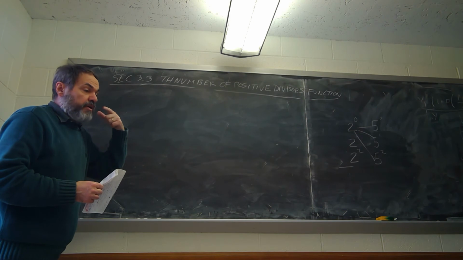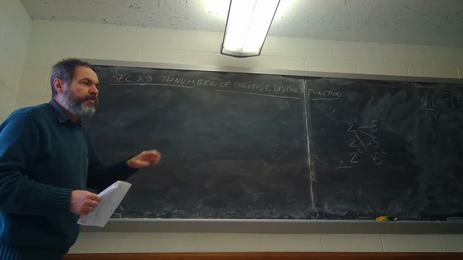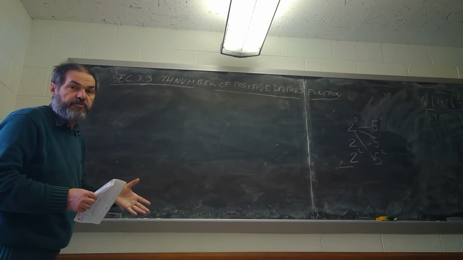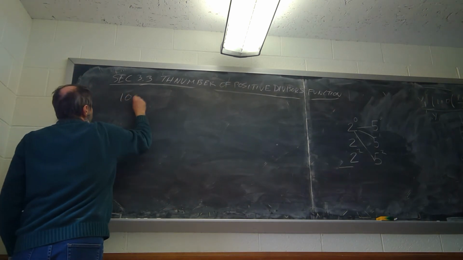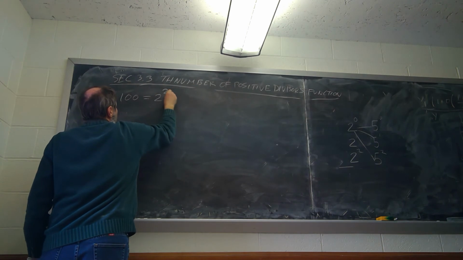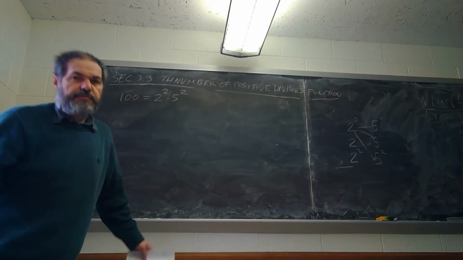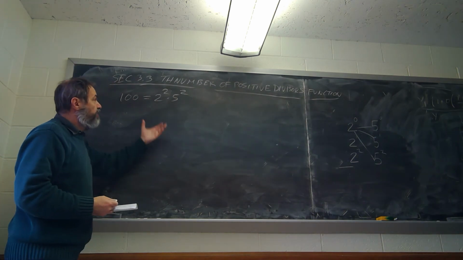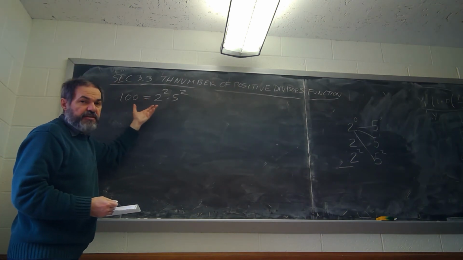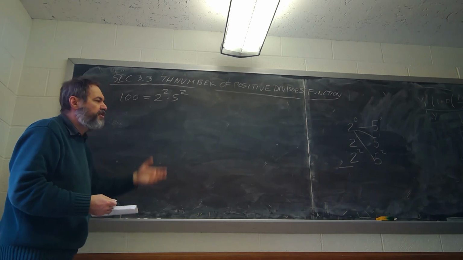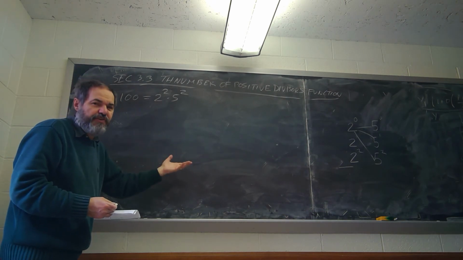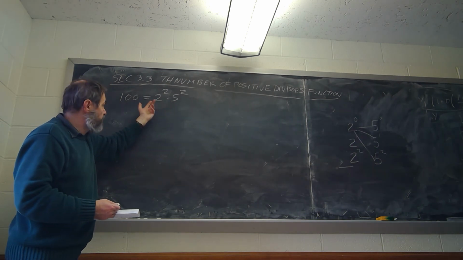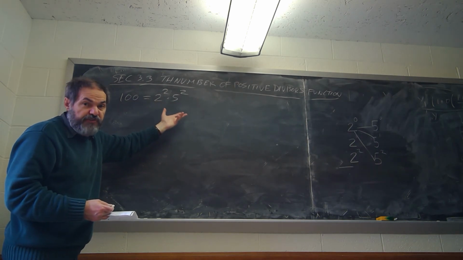So, suppose we do this for 100 first, and then we see how this immediately generalizes, and it's a simple formula. 100 is 2 squared times 5 squared. Any divisor of 100, 7 is not a divisor, 33 is not a divisor, 3 is not a divisor. The only divisors are powers of 2 times powers of 5.